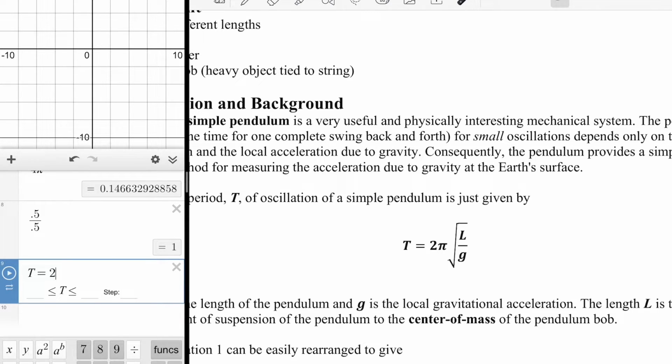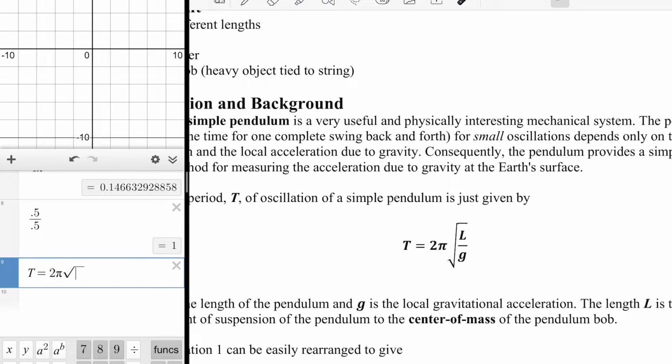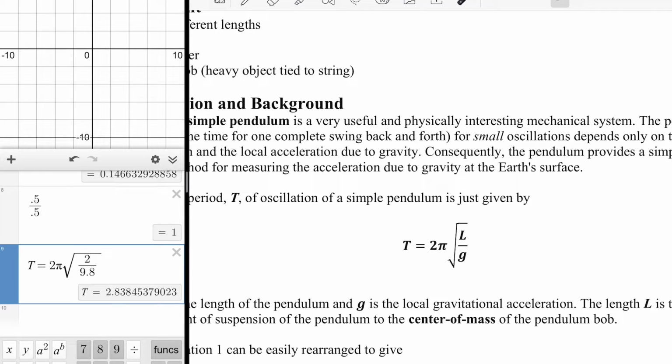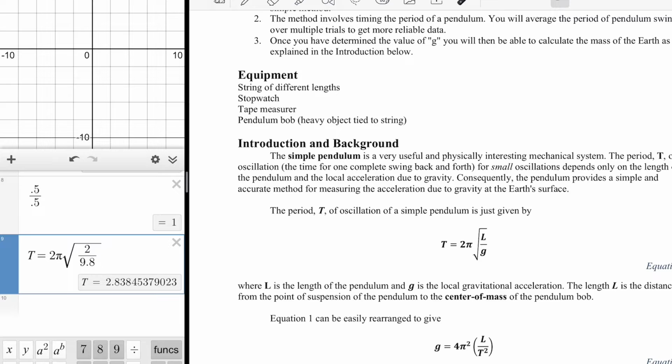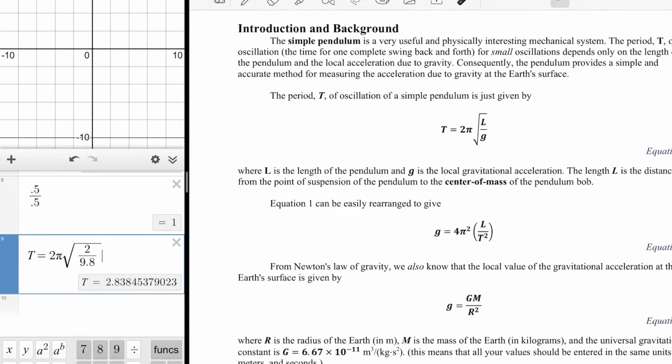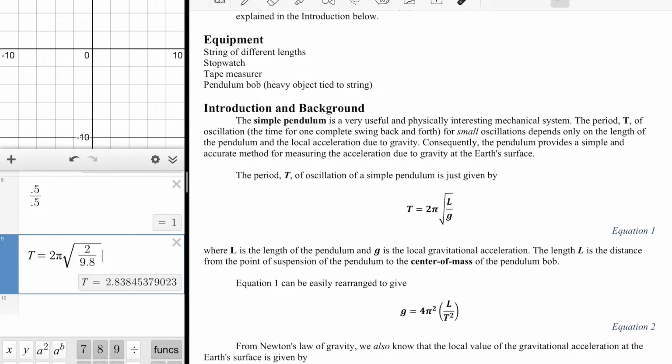So we have pi, and then we'll do our square root of, so here in meters, 2, and then divided by 9.8. Okay, so 2.8 is the hypothetical time for that one full swing of the period. Okay, all right. So that's interesting.